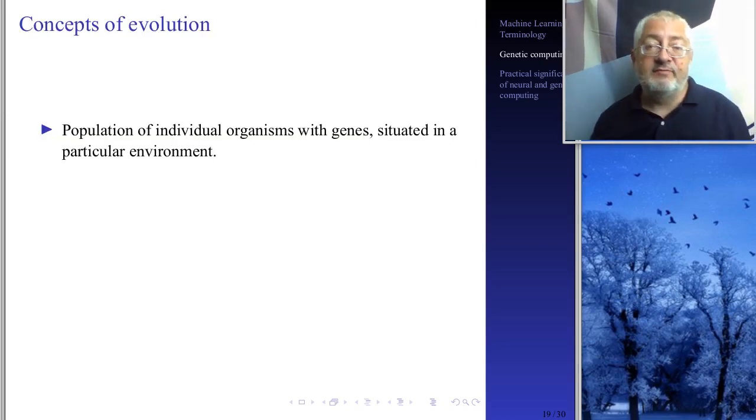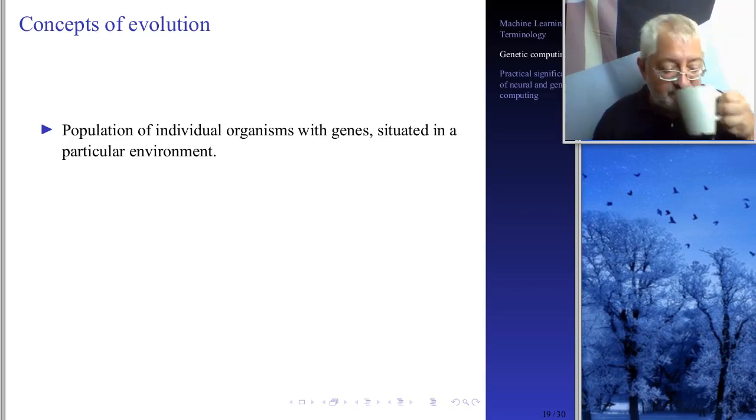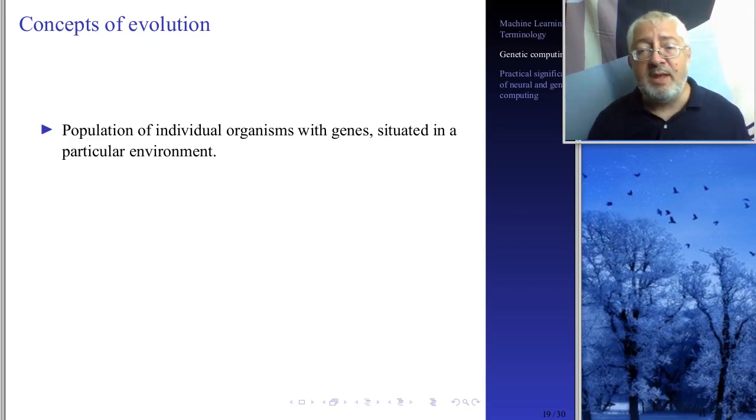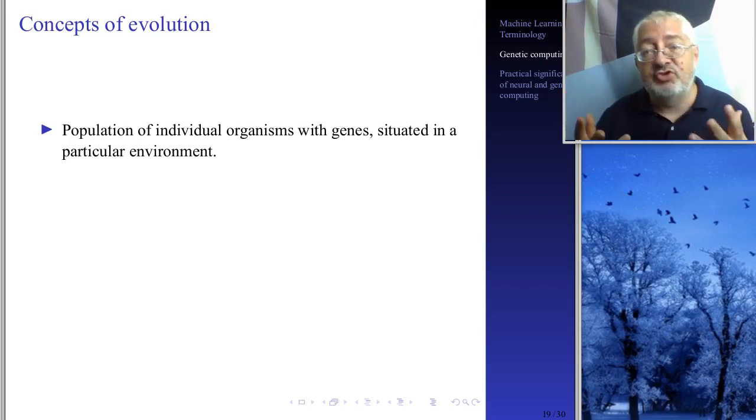So first you have to remember some of your concepts of evolution that you perhaps know from school. Try perhaps for a moment to stop this video and think about how evolution actually works. Okay, so the way it works on a very rough level is that you have a population of individual organisms. Think of animals or plants.